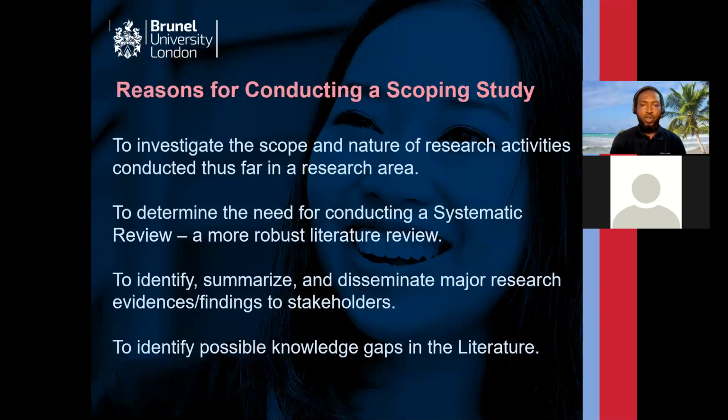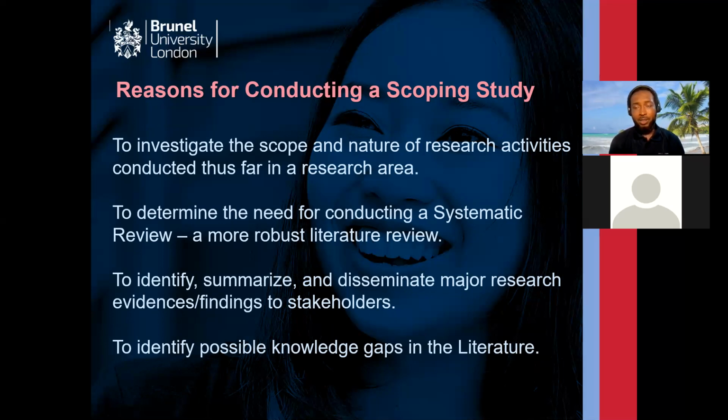You also want to know that there are several reasons why authors or researchers would want to conduct or choose scoping review. I talked about it earlier, but in a very straight key point, some researchers will want to investigate the scope and nature of research activities conducted so far.